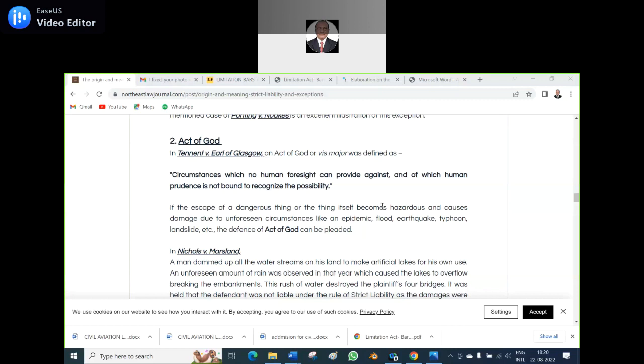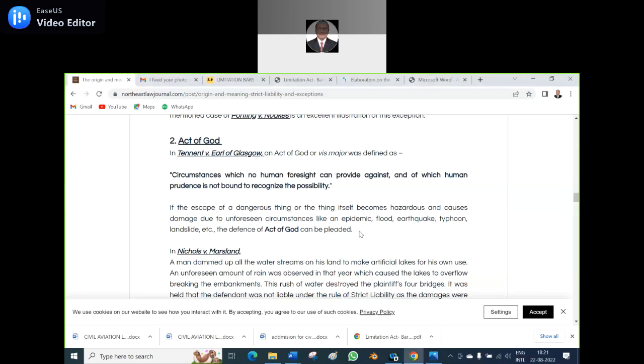Natural calamities, natural catastrophes, disasters. I ask, what is the civil law terminology for vis major, act of God? Force majeure. It is the French word.